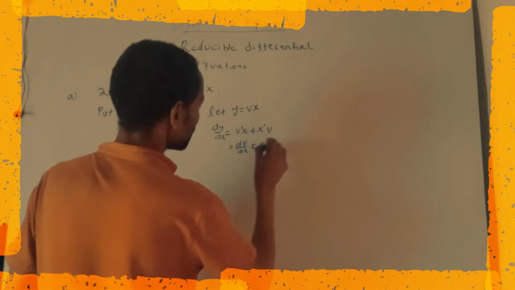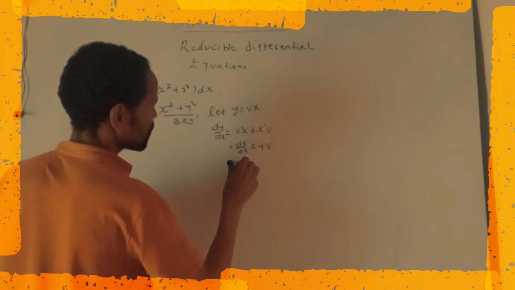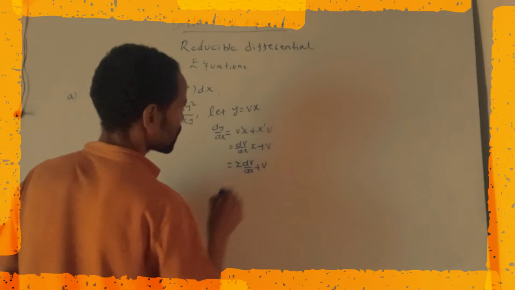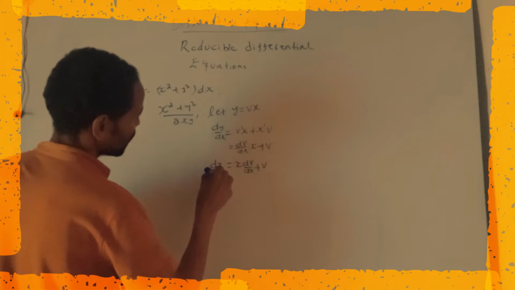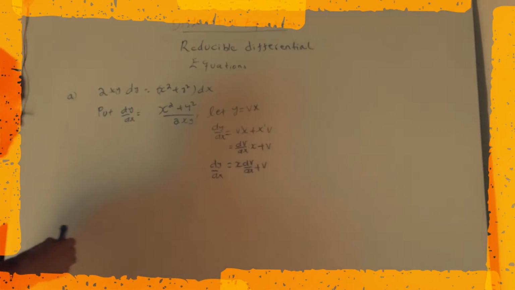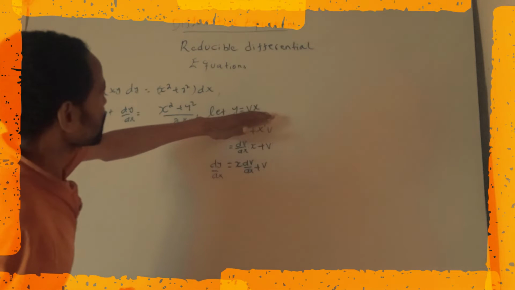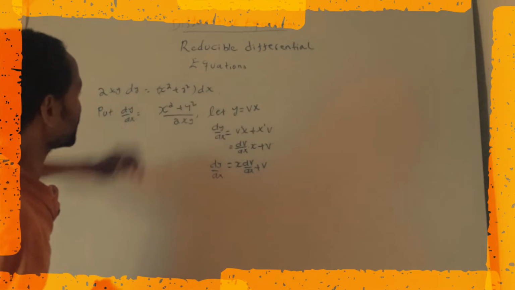So it is x times dv over dx plus the variable v, which is dy by dx. Very simple. Now plug this value into y's place.